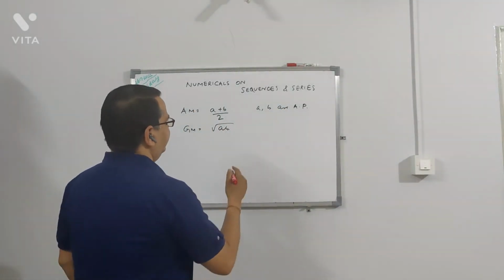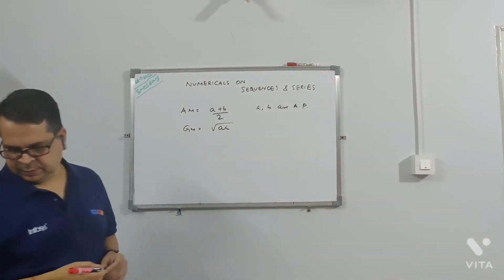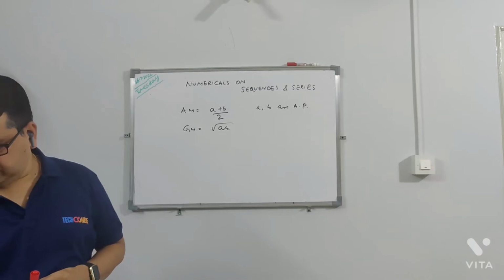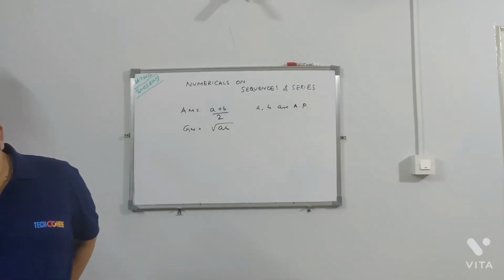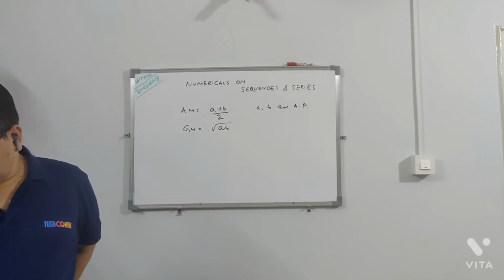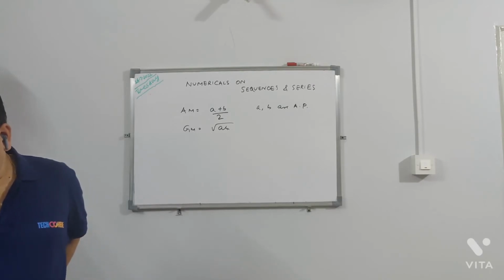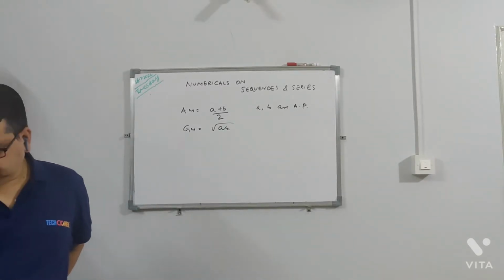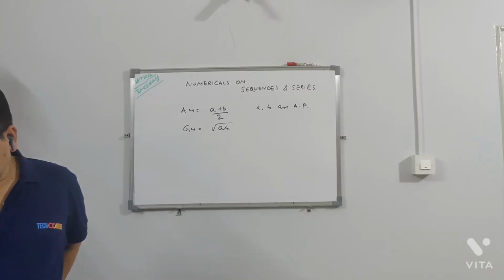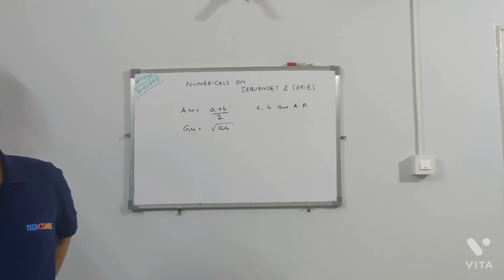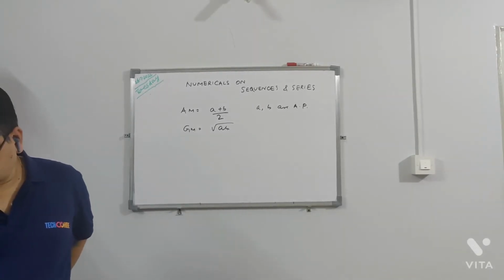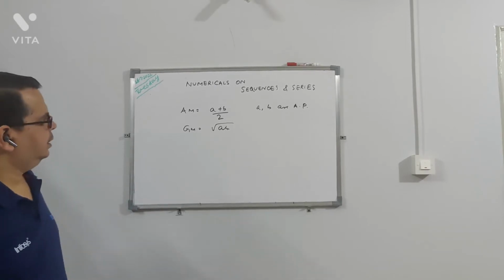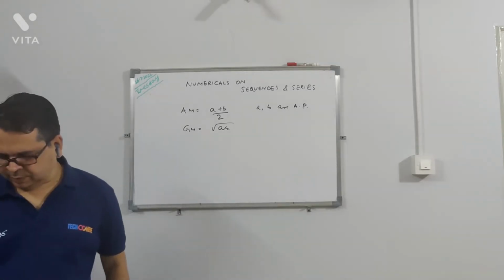So the arithmetic mean between two numbers a and b is such that a and b are in AP. And the geometric mean is square root of ab.